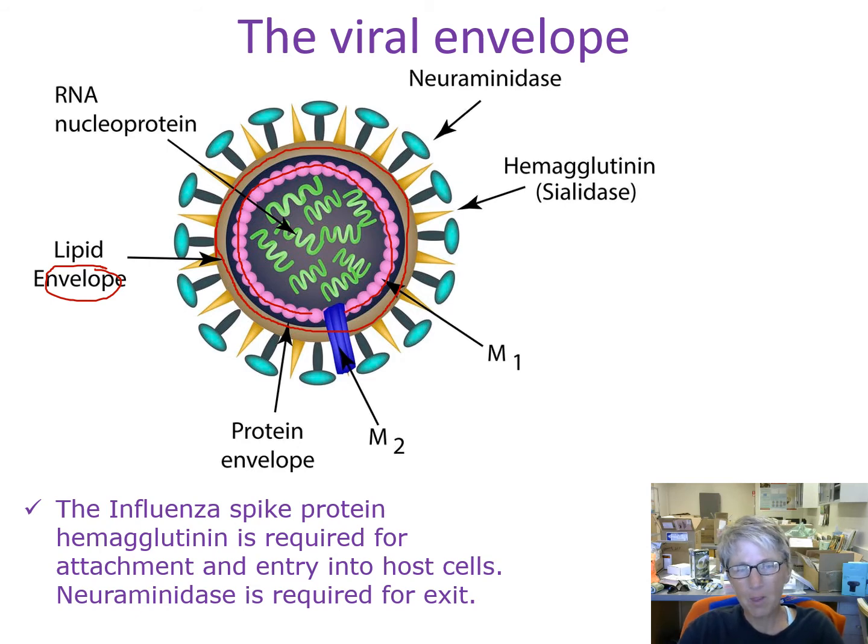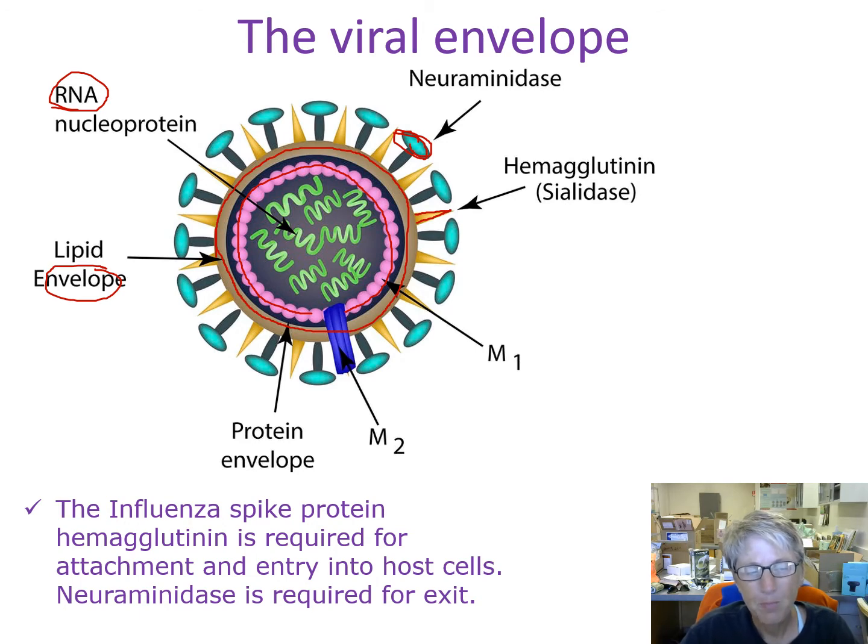And then here's the nucleic acid on the inside, and it's RNA in this case. And then sticking out of the lipid envelope are these spike proteins. And now, instead of just generally calling them spike proteins, we're going to start being more specific. So in this cartoon, the spike protein, this green thing, is called neuraminidase, and this yellow cone-looking spike is called hemagglutinin or sialidase.